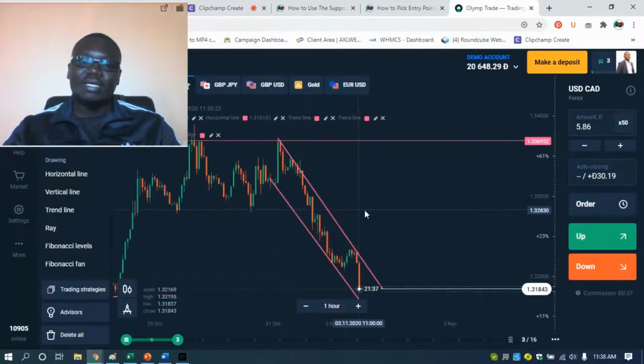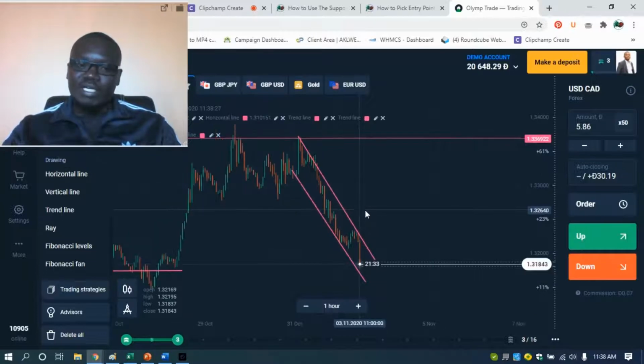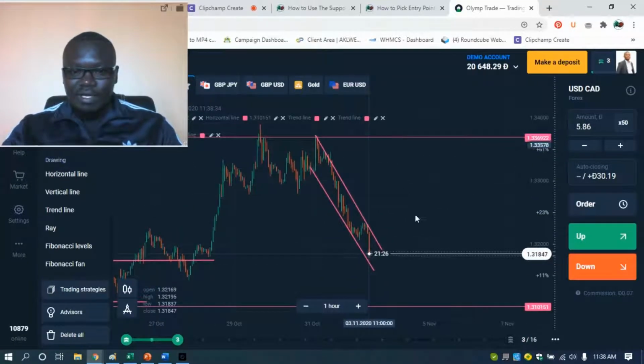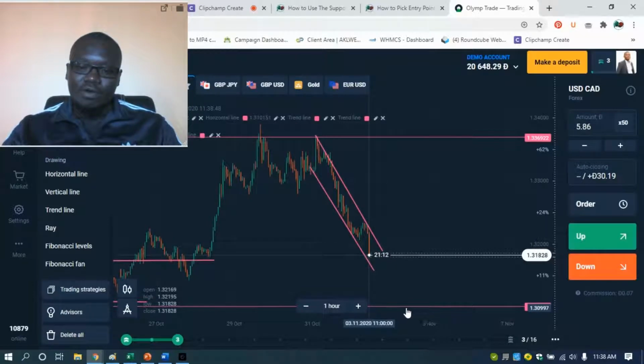You can use candlestick patterns. There are two types of candlestick patterns: bearish candlestick patterns and bullish candlestick patterns. For example, if prices move to the support level and you see a bullish engulfing pattern forming in this area here, then you will expect that prices will bounce back to the top.